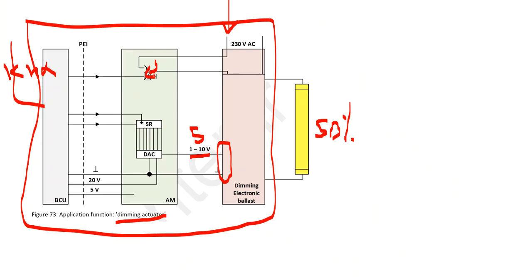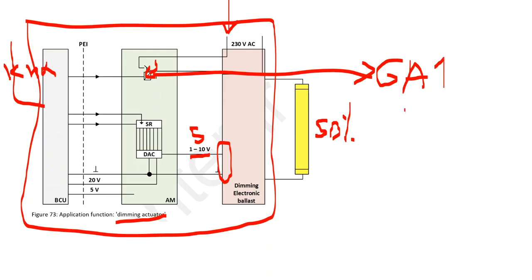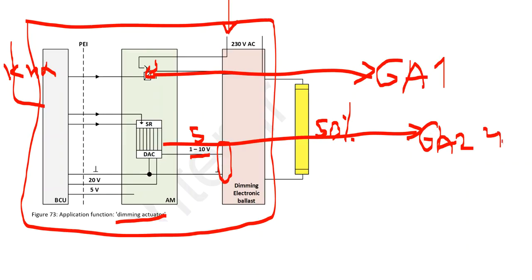I want to control this relay, so I need one group address, and this group address is going to switch the relay. And I want to control this digital analog converter, so I need a second group address. So at least for operation I need one group address to switch it on, and one group address to control this digital analog converter. This group address can be 4-bit.